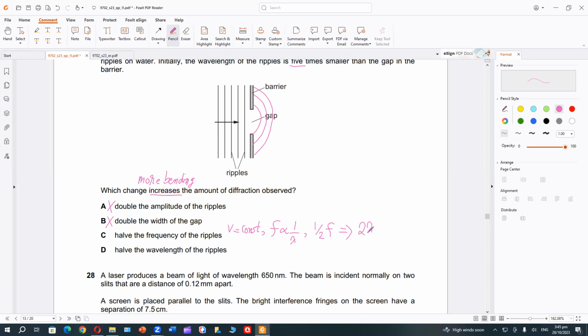So when I increase the wavelength, what will happen? Logically, remember this concept. For good diffraction, the gap should be very narrow. The slit width should be smaller than the wavelength. Here it is opposite. Here the slit width is bigger than the wavelength. So for more diffraction, the slit should be narrow and smaller than the wavelength.